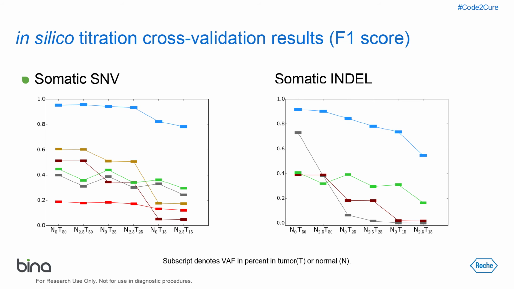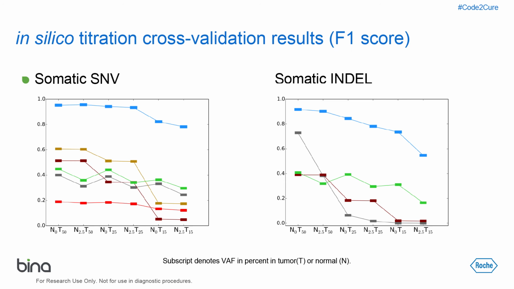On the last, N2.5, T15, it means that the normal has a variant allele frequency of about 2.5% coming from the contamination of the tumor. And the tumor only has a variant allele frequency of 15% due to contamination of the normal. It is the most challenging set we have created here.